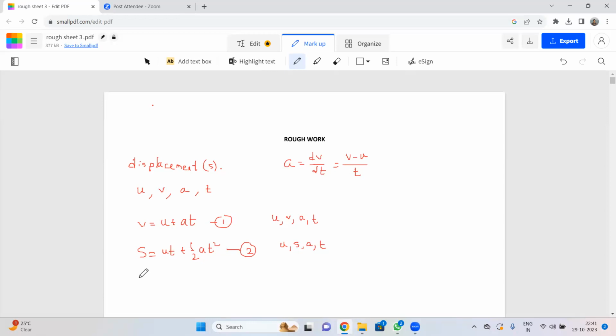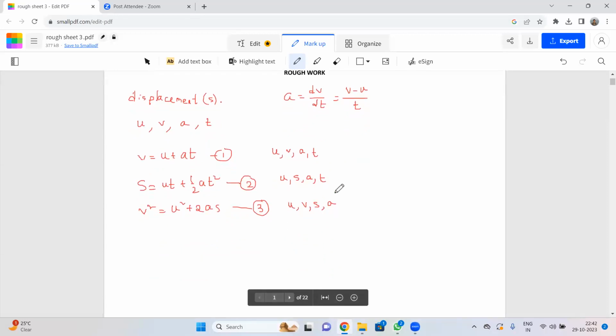Now v square is equal to u square plus 2as. Here also it is between u, v, s, and a. So you need to check which parameters are given in your questions, and based on that, use the appropriate equation. And the last one is given as s equals (u plus v) times t divided by 2.